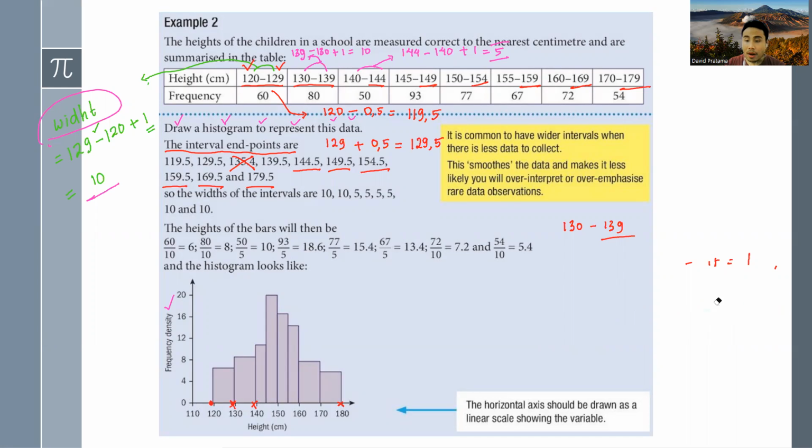That's all for the lower limit and upper limit, that's for the x-axis.